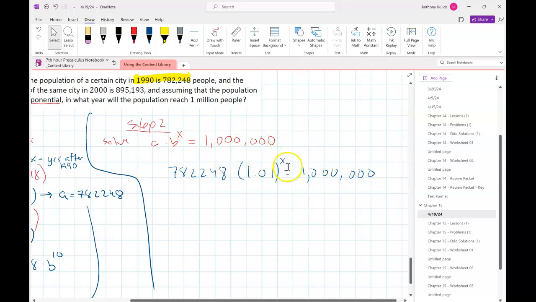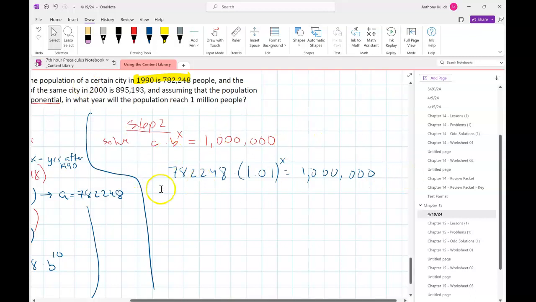What tool am I going to need to get that x out of the exponent? Does anybody remember? Great! Nobody does. So if I told you to forget what you remembered from last year, you've already accomplished it. Way to come to class prepared.